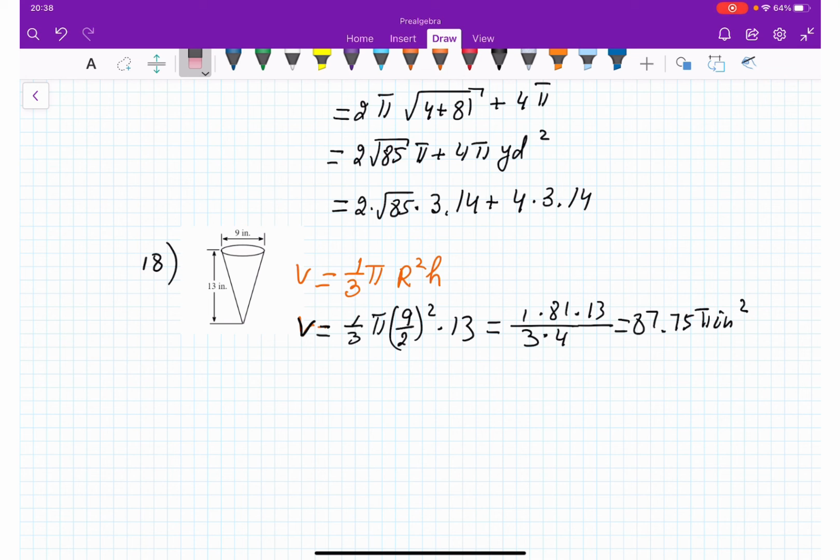And lastly, question number 19. Okay, let me copy and paste. That's going to be a cube, it looks like.